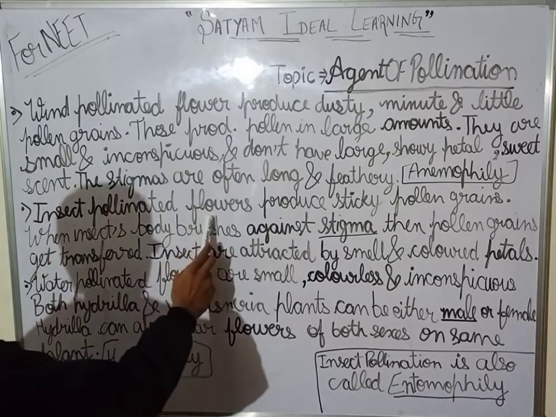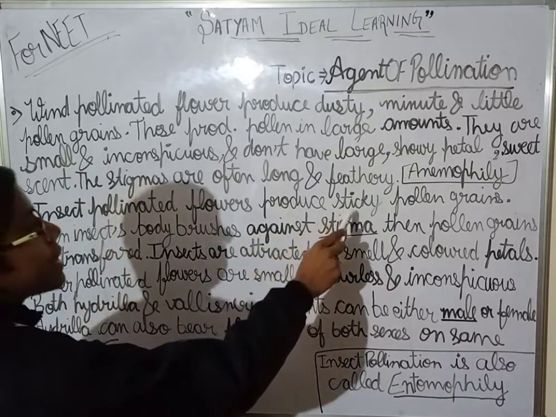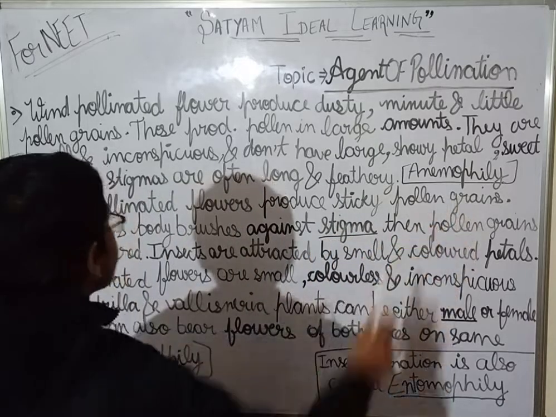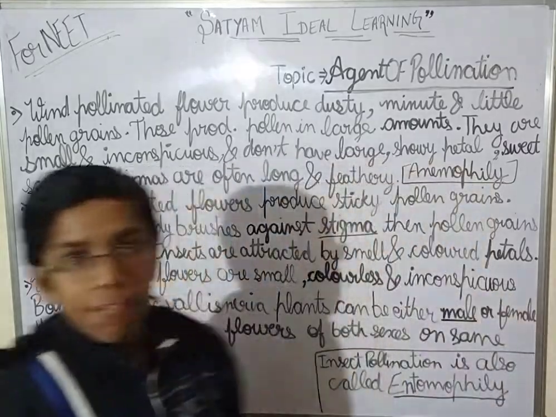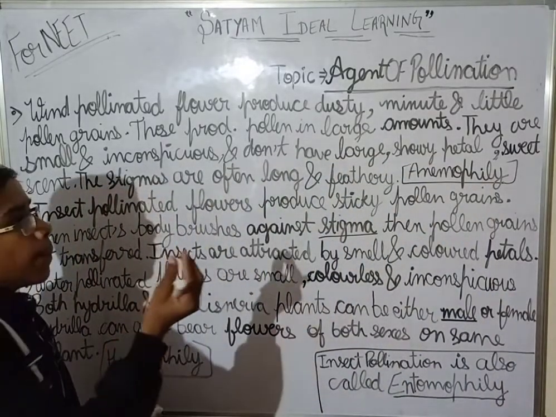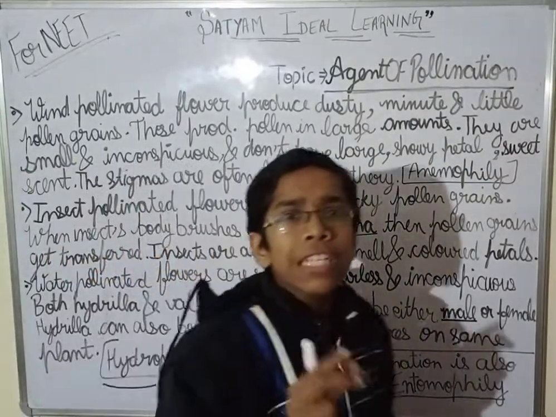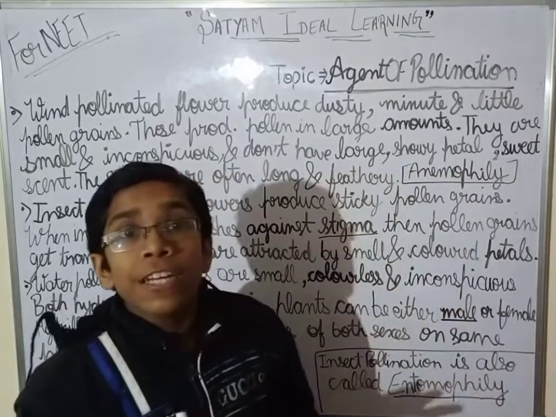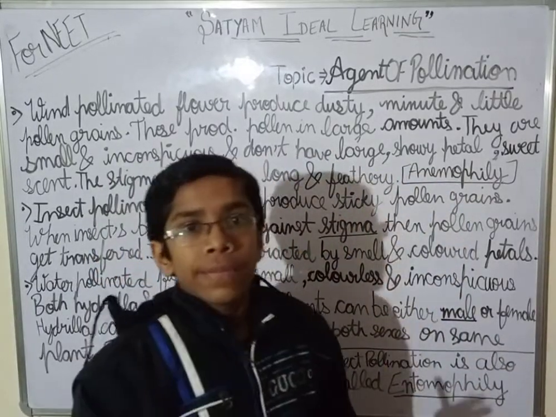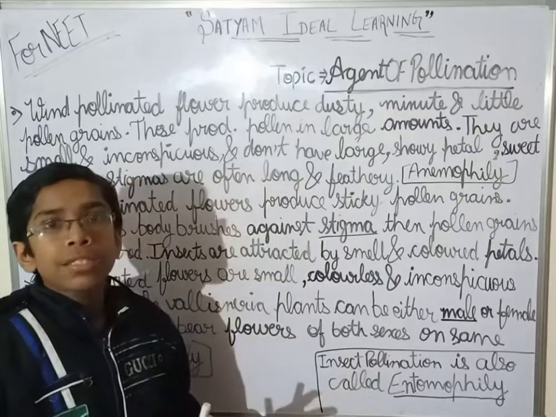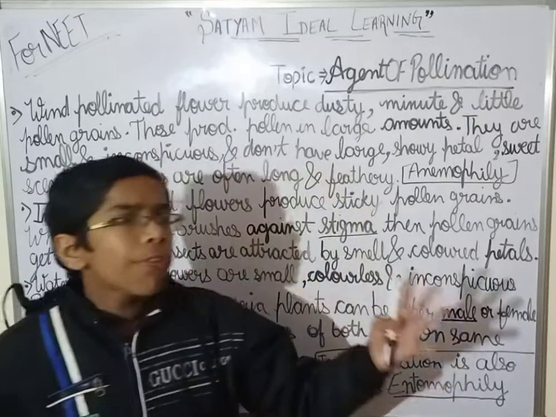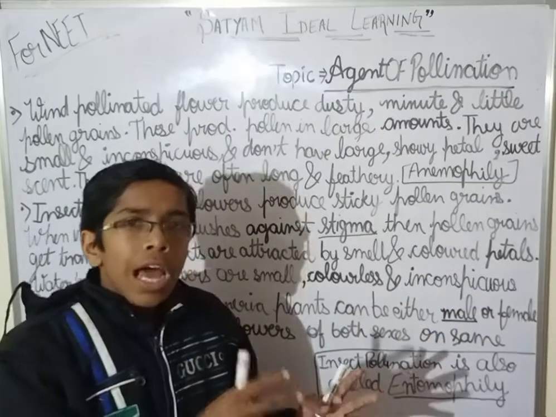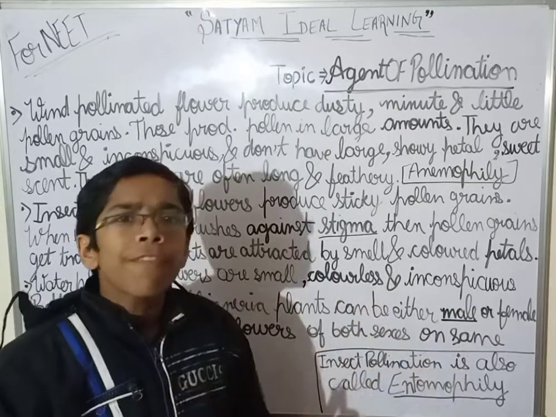Insect pollinated flowers produce sticky pollen grains. The pollen grains are very sticky. When you see a flower, how are you attracted to it?